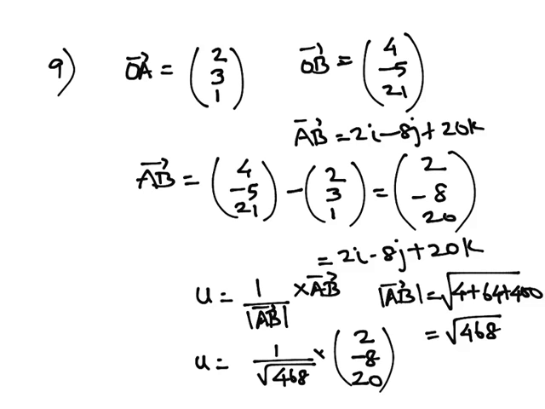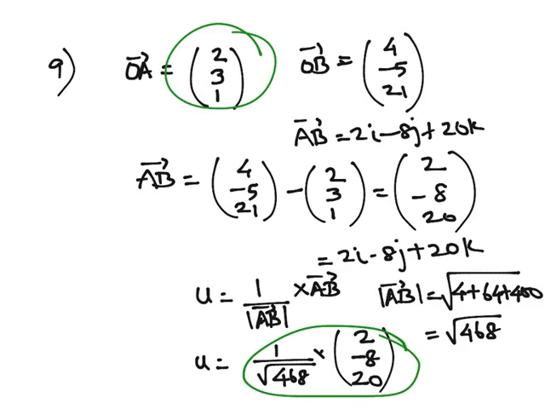Okay. Show that u is perpendicular to OA. Fine. So I need to prove that this vector is perpendicular to this vector. So how do you show that? We know that if the dot product of two non-zero vectors is 0, then definitely they have to be perpendicular, isn't it?